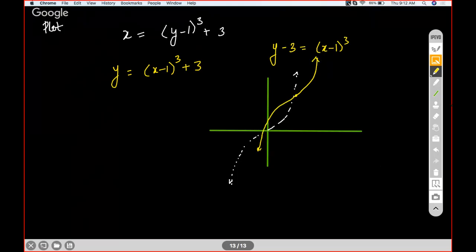Yeah? Yeah. And now I have to reflect this graph about the y equals x line. Okay? So it's (3, 1). Yeah, so its reflection would be like this.